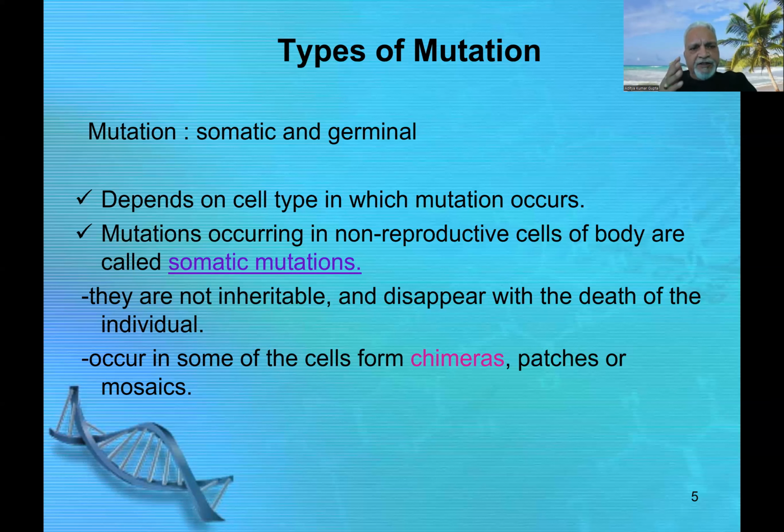But these mutations, as I mentioned, are not inherited. They just end when the individual plant or animal dies. But in case of plants, if a plant can be vegetatively propagated, then it can go from one to another to another. That is another part. But germinal mutations, or the mutations occurring in germinal cells, alone are inheritable. So you have to keep that in mind. Okay.